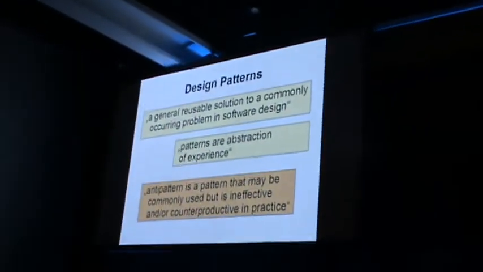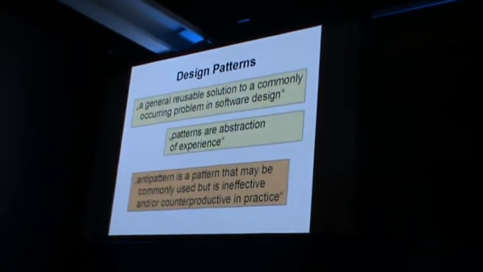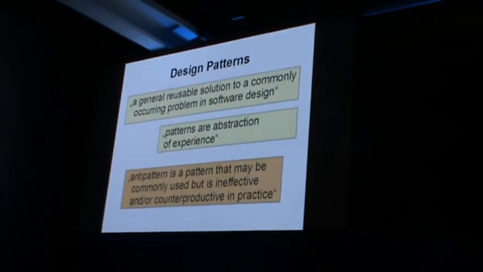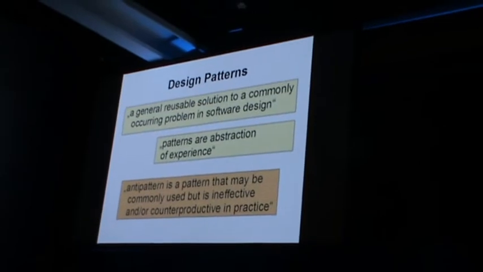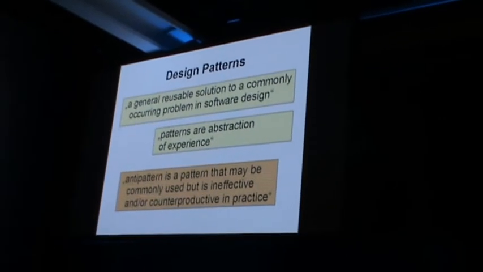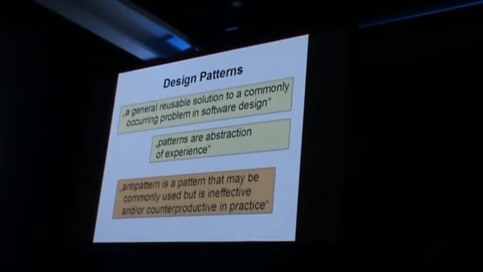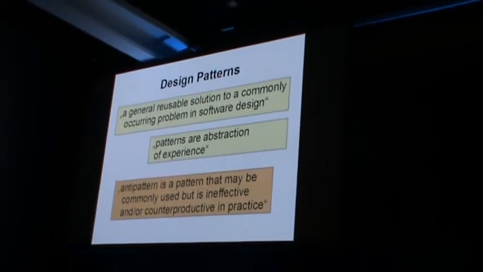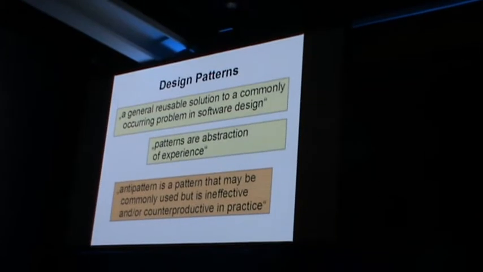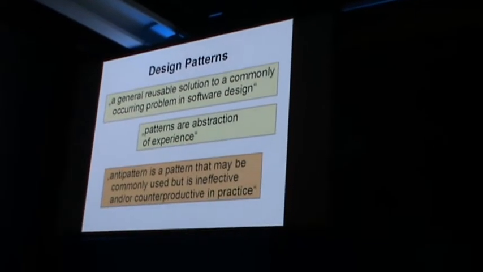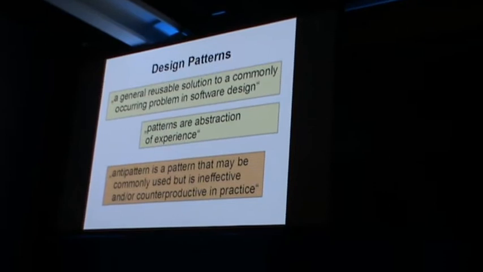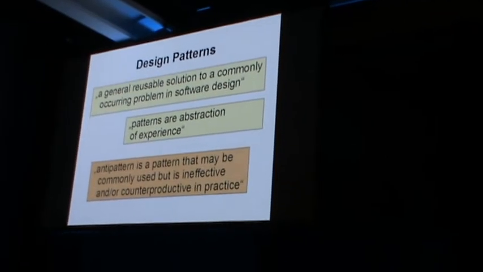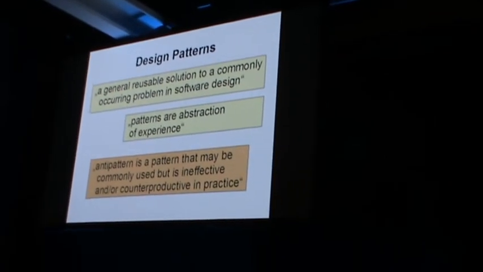So the definition of a design pattern is: a general reusable solution to a commonly occurring problem in software design, which simply means that many of us are making the same mistakes, and we should be aware of them and avoid them. And some good solutions can also be applied to different contexts.